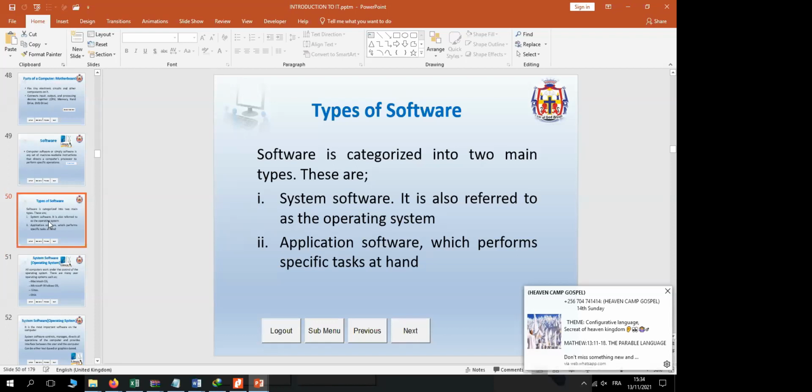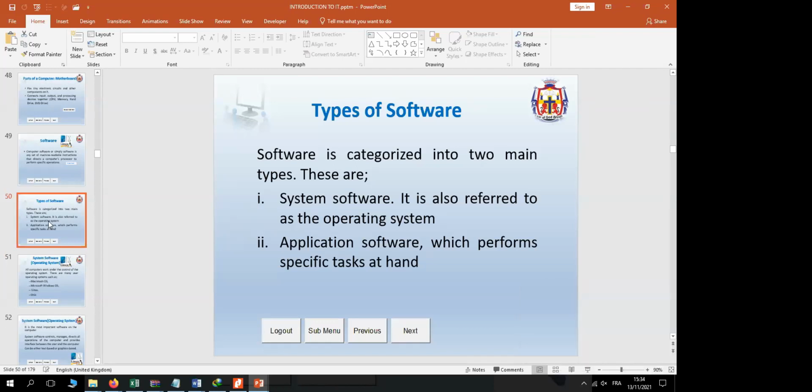Someone has talked about Word. I don't know if it is amongst them. Let me use what some people have already typed in the chat. Yes, Mugabe has talked about Windows 11. Then another, I think it's the same person, has mentioned Ubuntu. Very good.